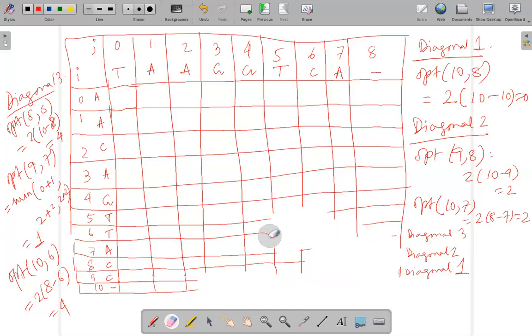This is not a very difficult code. Try to write a code for computing this sequence alignment end to end. This would be a nice exercise.